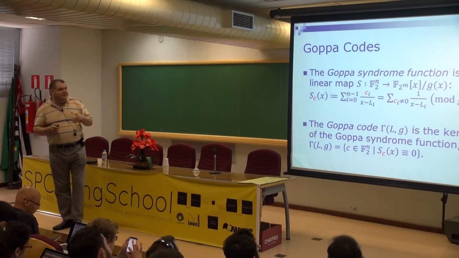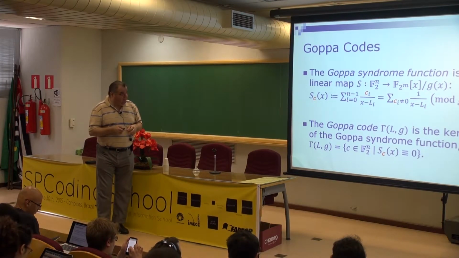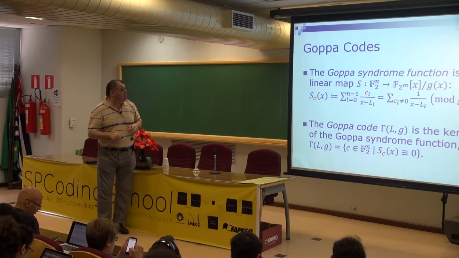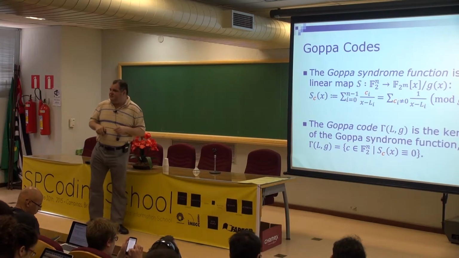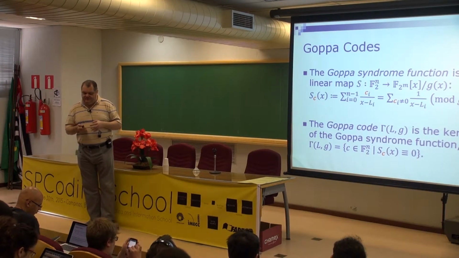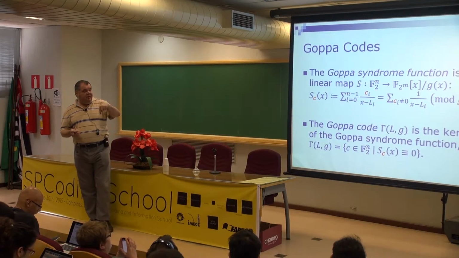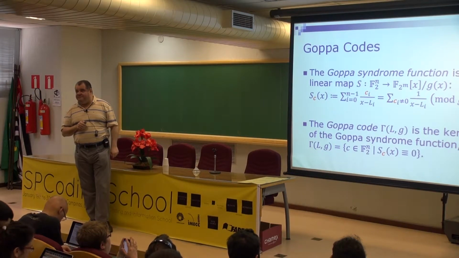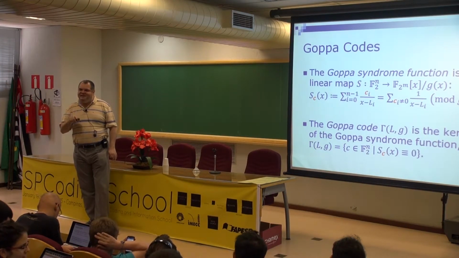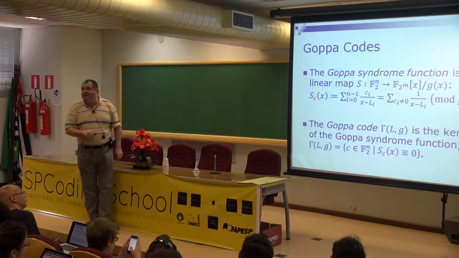Well, we need to define a syndrome function. It has the form given here. Given a word c, an element of our vector space restricted to the base field F_2, because we will deal with a subfield, the subfield here will be the base field F_2.